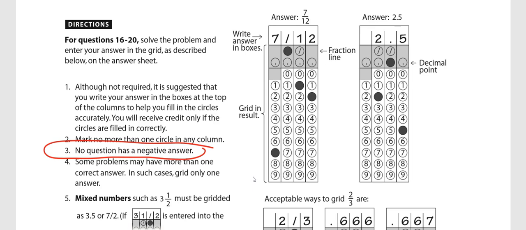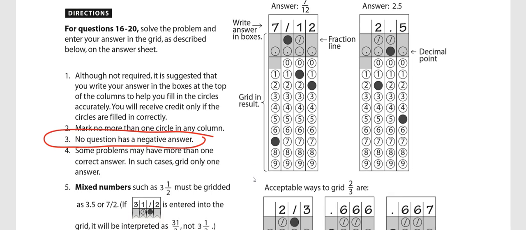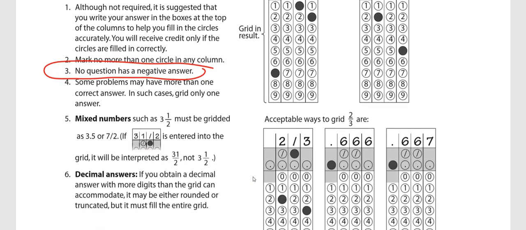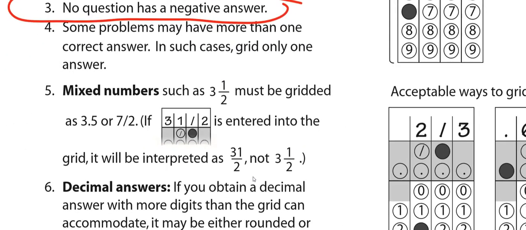Okay? Some problems may have more than one correct answer. I know, you guys hate that. Pick one of them. Don't write more than one answer down, okay? I mean, if the answer is 4, 5, or 6, just pick 4 or 5 or 6. Don't try to put them all in there because you're going to lose. It's going to think you wanted 456. Mixed numbers, such as 3.5.